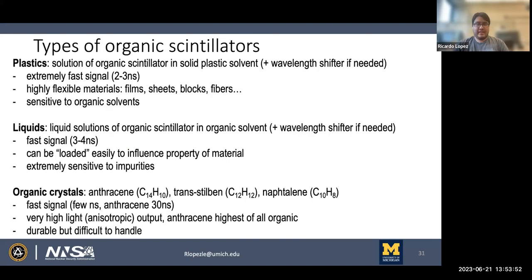So in brief, we have a lot of organic scintillator types. We have plastics, liquids, and organic crystals. They all differ in terms of some of their scintillation properties, but generally speaking, some of them are better suited for particular applications or scenarios, or where certain physical properties are more important to the actual performance.